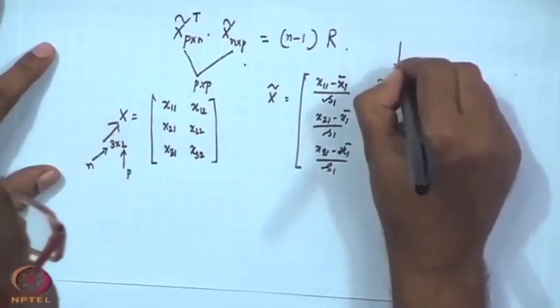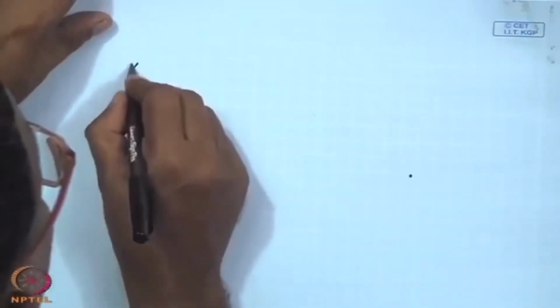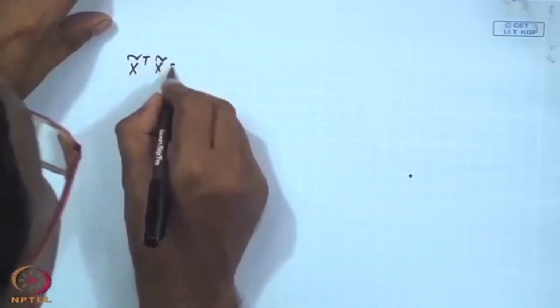Keep in mind the variable and accordingly write down this one, okay, s2. So, then if I do x tilde transpose x tilde, what will happen?